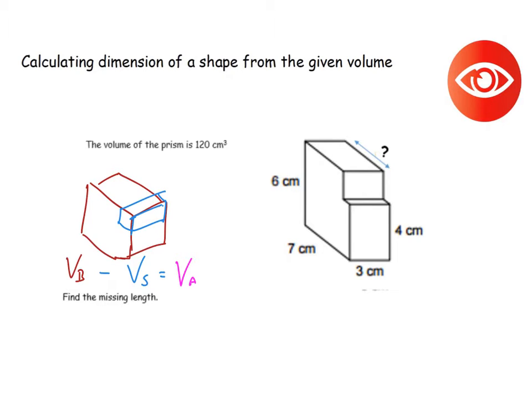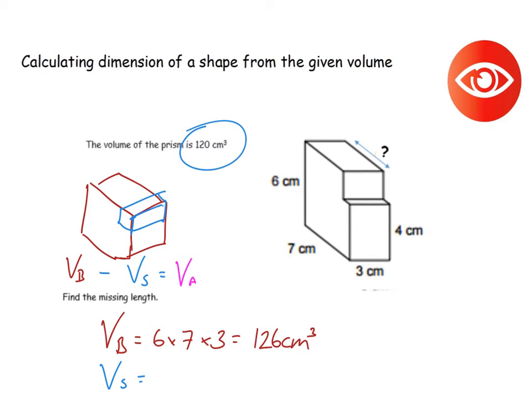So we can see from this shape here that the bigger volume is going to be 6 times 7 times 3, which is 126 centimetres cubed. So I know the volume of the smaller one has got to give me 6, because I've got to make the 120 effectively.